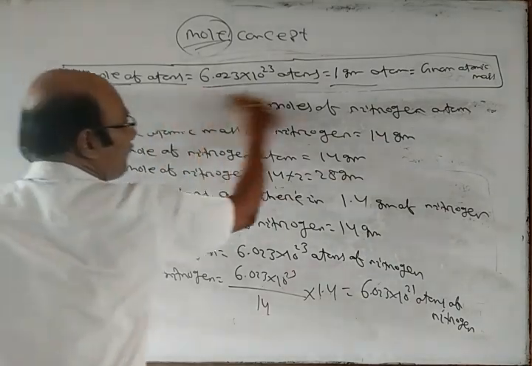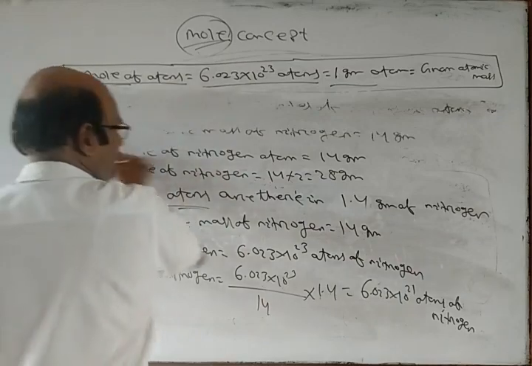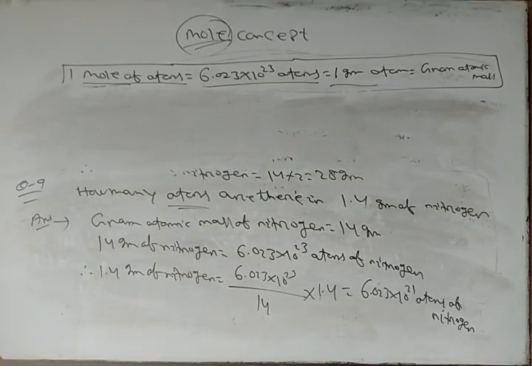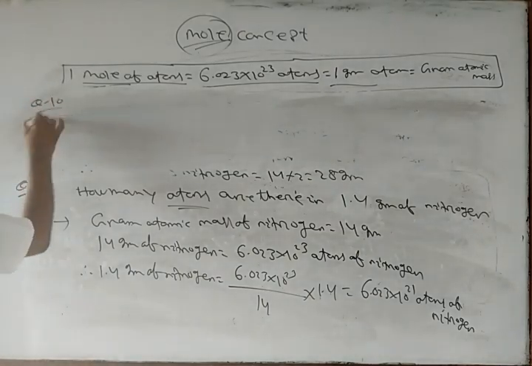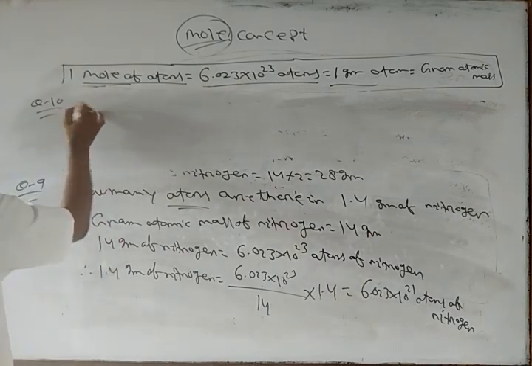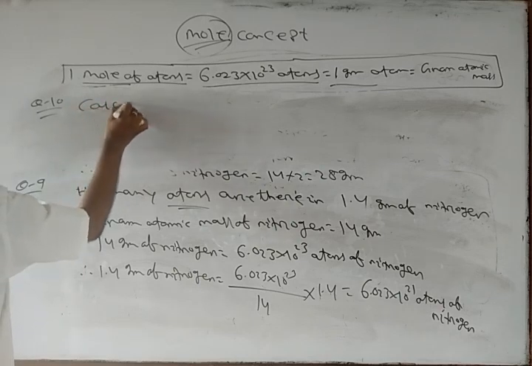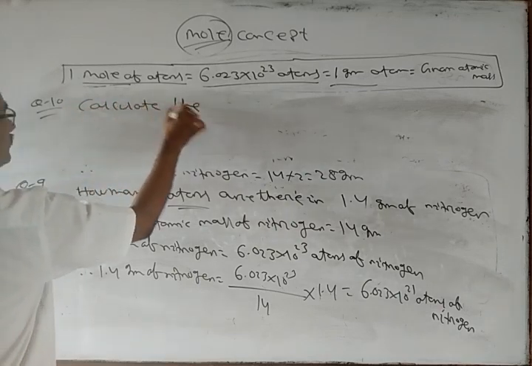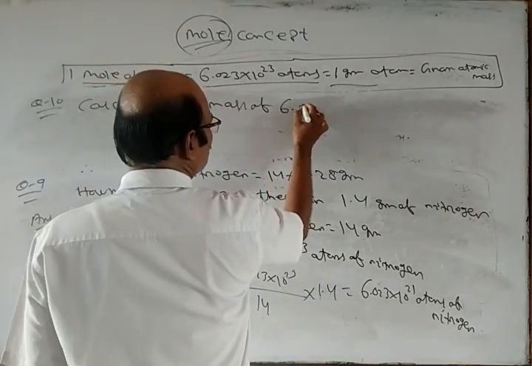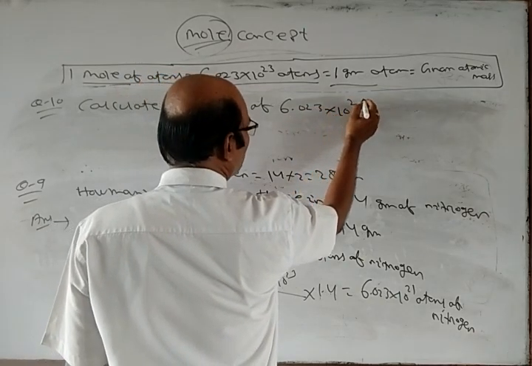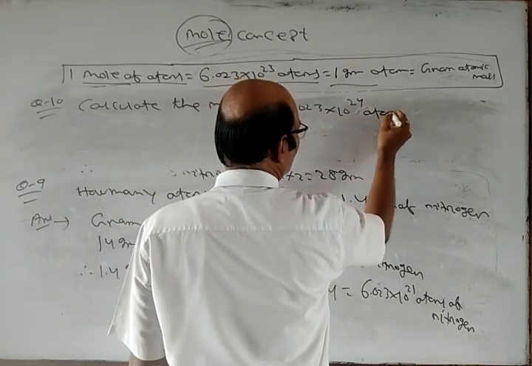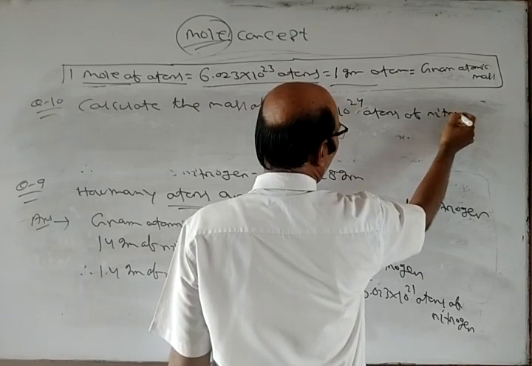Now number 10, and your question number 10. Okay. Calculate the mass of 6.023 into 10 power 24 atoms of nitrogen.